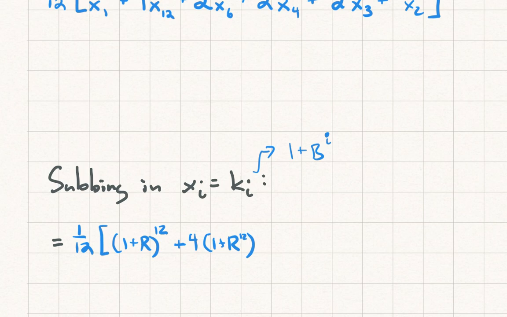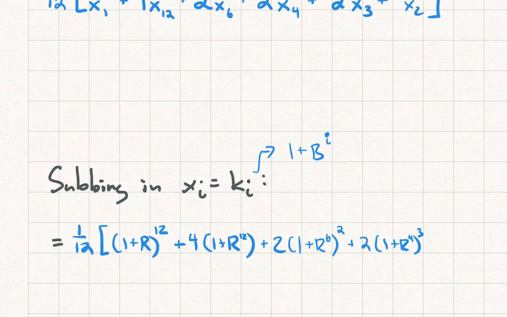And then we have 2 x6 squared, so we have 1 plus r to the 6th, squared. And we have 2 x4 cubed, so 1 plus r to the 4th, cubed. And then we'll write on the next line, or do we only have 1 left?